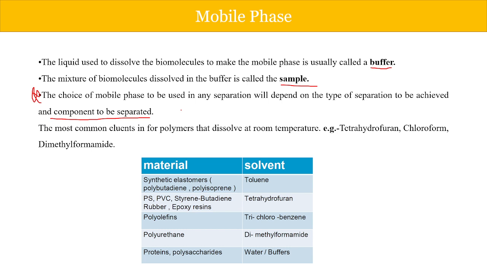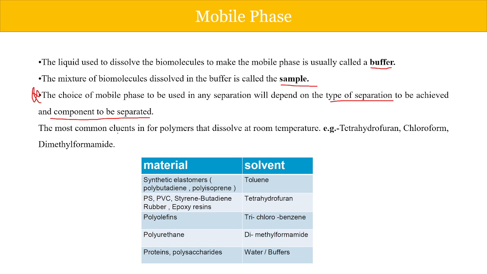These things are very important, and they will vary from protein to protein, macromolecule to macromolecule, or complex to complex, because this will affect your separation process and also your purification. So you also have to know the components of the mobile phase which you are using.